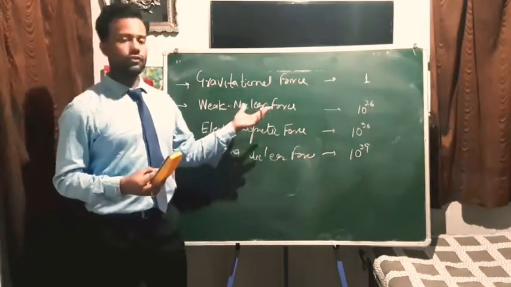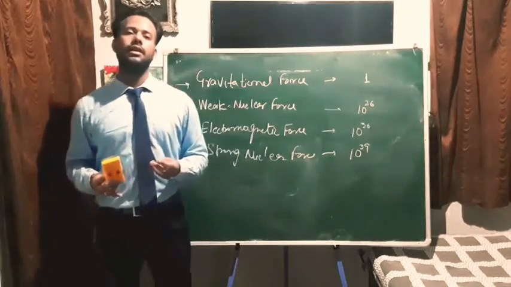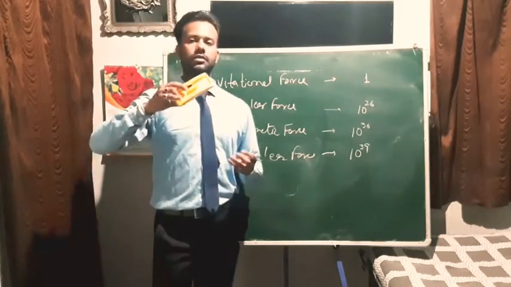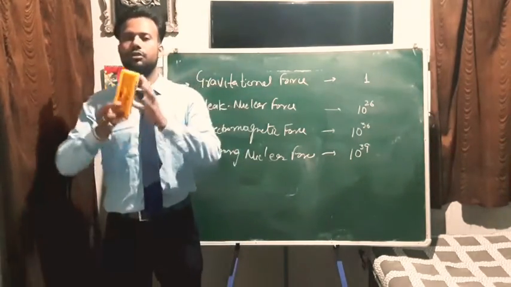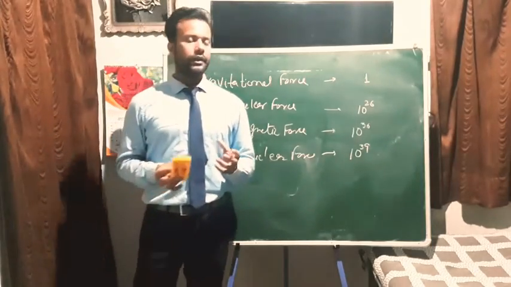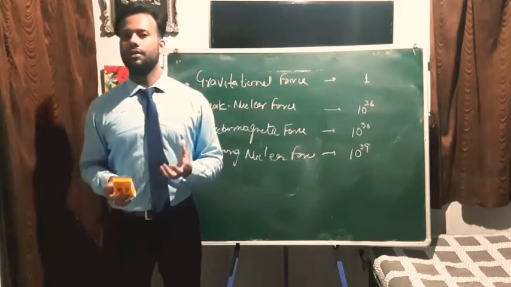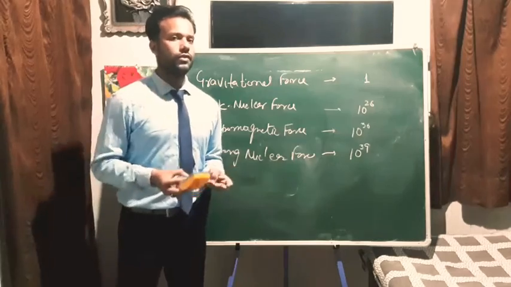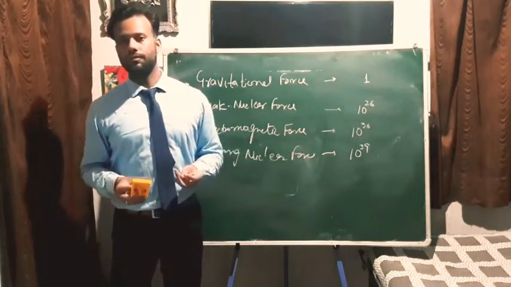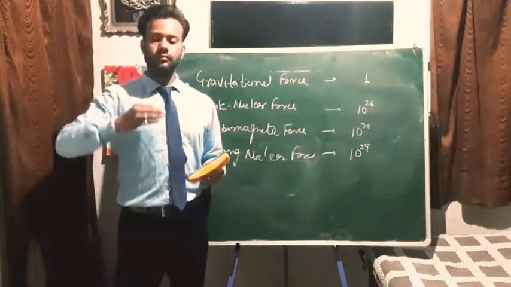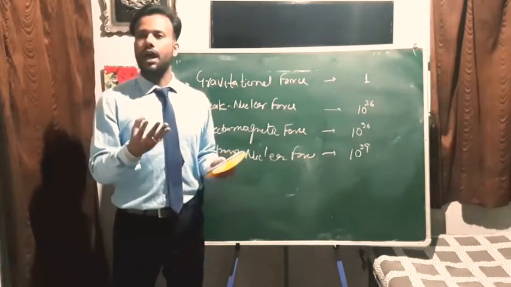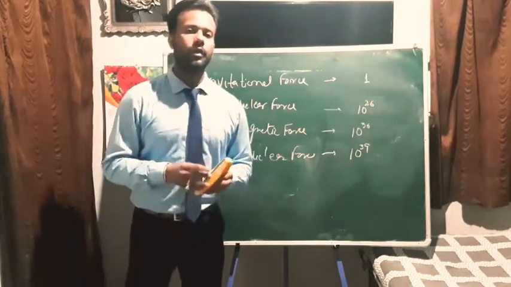Now, weak nuclear forces, as I said, interact with lighter particles and heavier particles. In the sun, what is the source of energy of the sun? It is basically nuclear fusion. In nuclear fusion, lighter atoms combine to form a heavier atom.